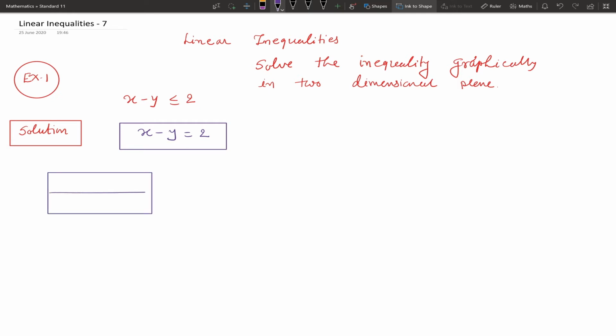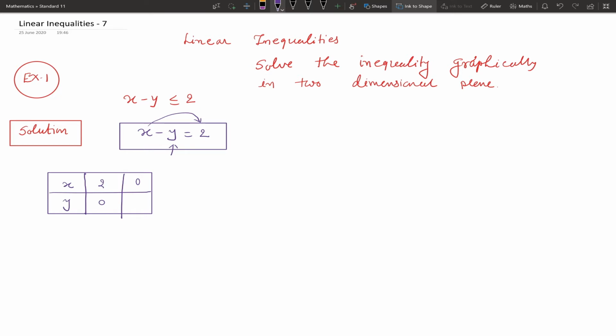let us take points of the axis. A point which lies on the x axis, its y coordinate will be 0. You put y equal to 0, so x will be 2 from the equation. So 2, 0 is a point of the given line. Now we take x coordinate 0.